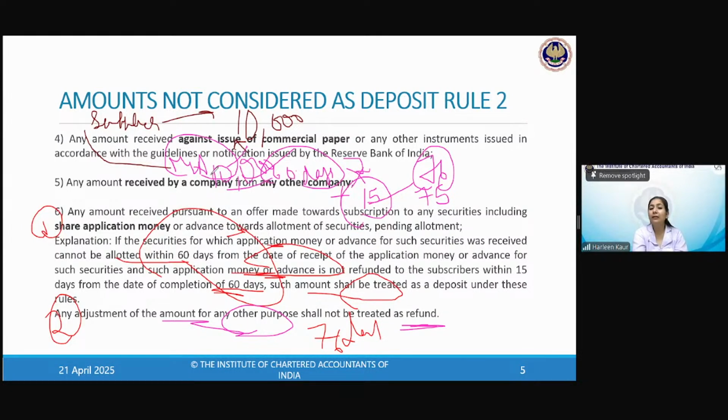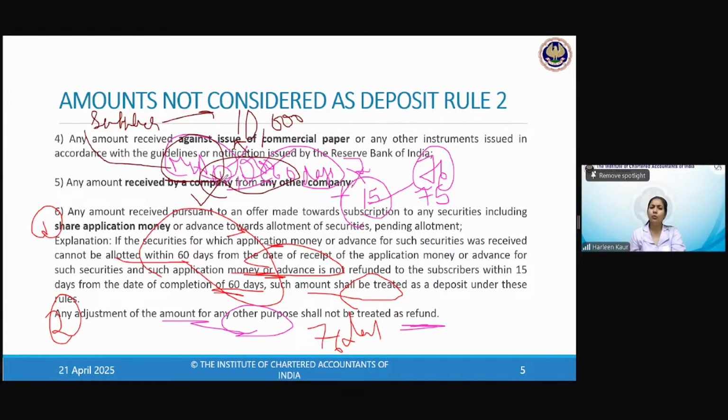And now they try to knock off this entry, saying that certain payment was pending, so we are adjusting this 10,000 against that payment which you have still not made. So we are not going to refund your 10,000. We are keeping this money for the goods that we have supplied to you earlier.